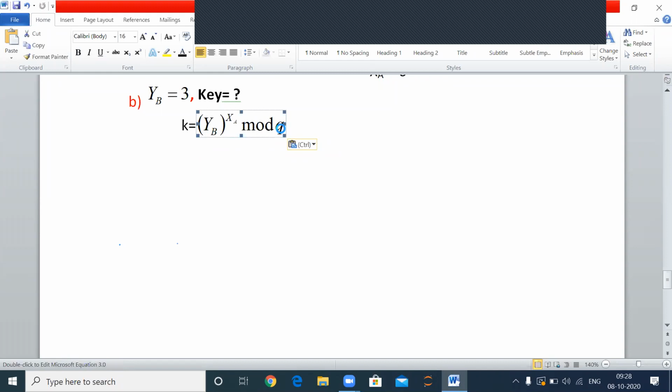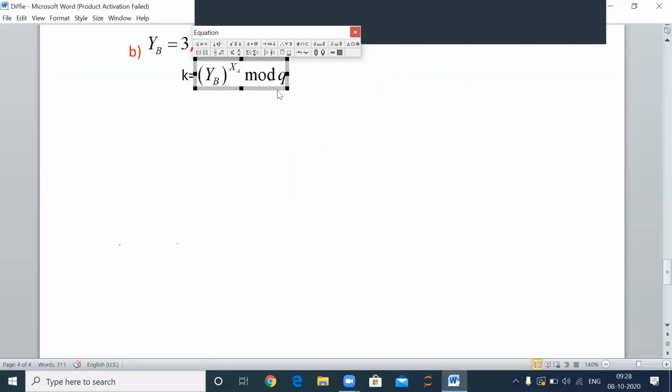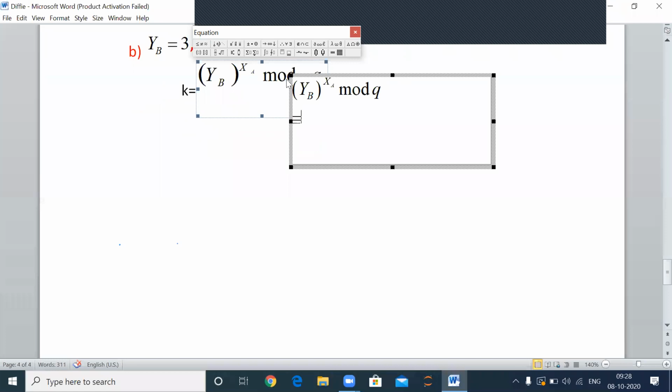K is equal to the public key of user B, 3, power the private key of user A. What is the private key of user A? In the first problem, we chose the private key of user A as 6. That we have to substitute.